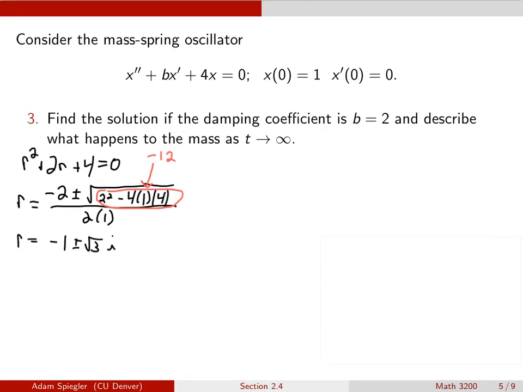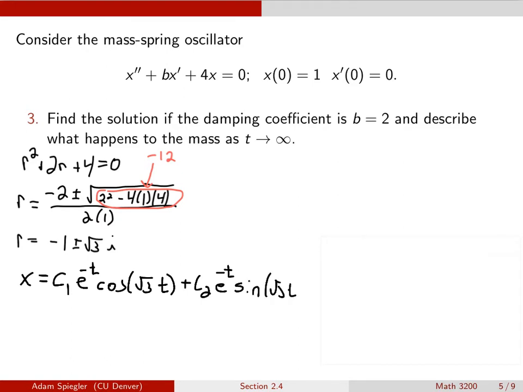And let's write out what that would look like. So now our general solution would be y equals C1 times e to the minus t times the cosine of the square root of 3 t, plus C2 times e to the minus t times the sine of the square root of 3 t.